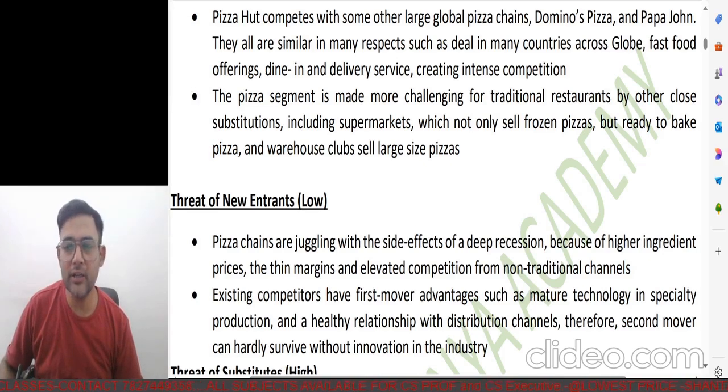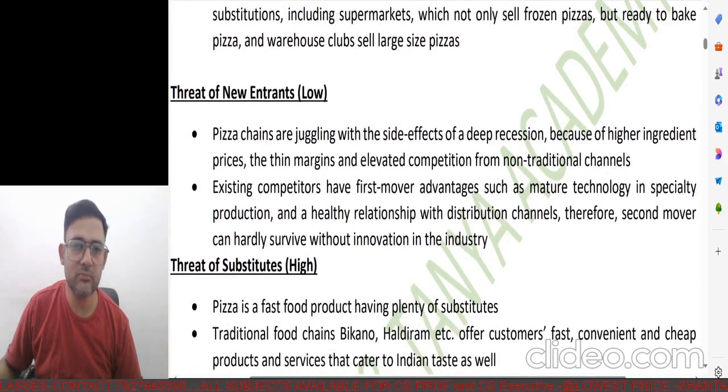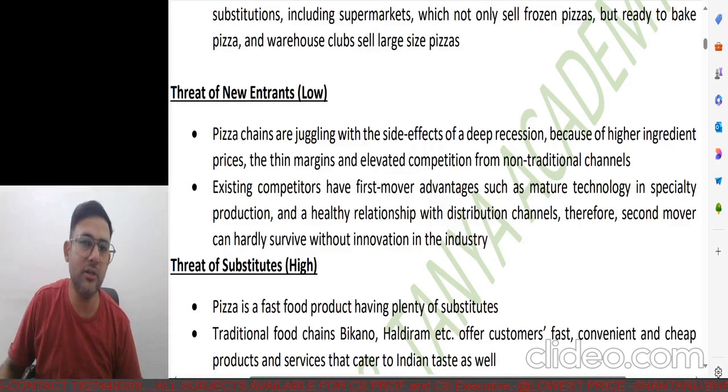Threat of new entrants is very low, because, as I said, threat is something you should actually feel conscious about: what will happen if this person comes in. But I really don't think anybody would really get affected, because there are so many people and companies who have been making pizza and supplying it to people, and people are enjoying it.